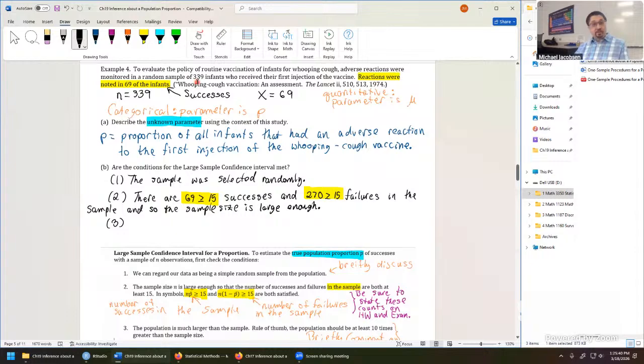The sample size is 339 infants, and this was a study localized in some country, Great Britain.